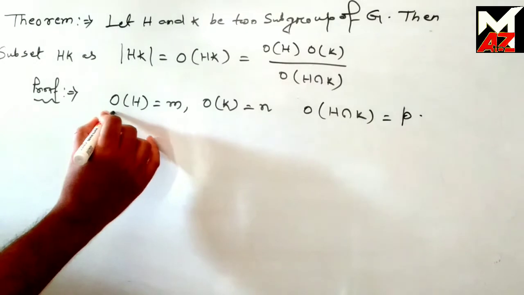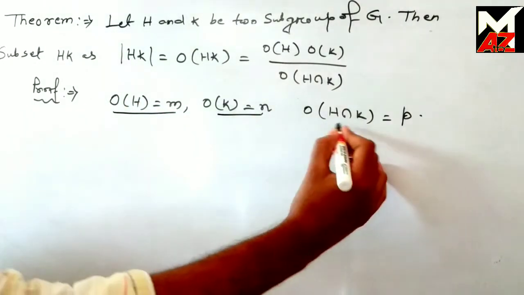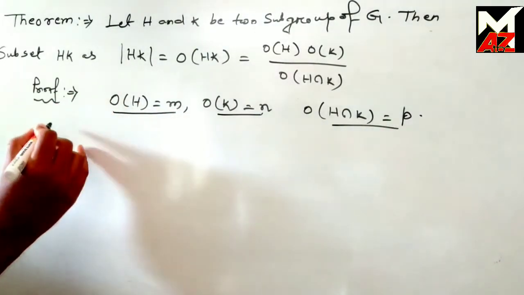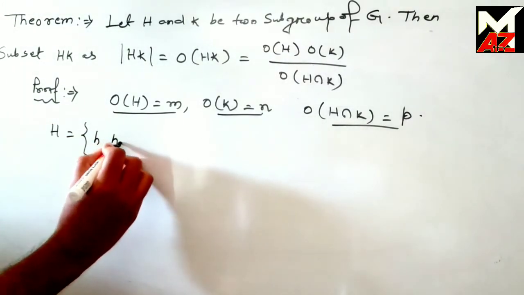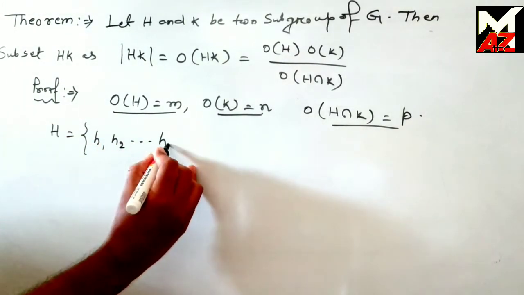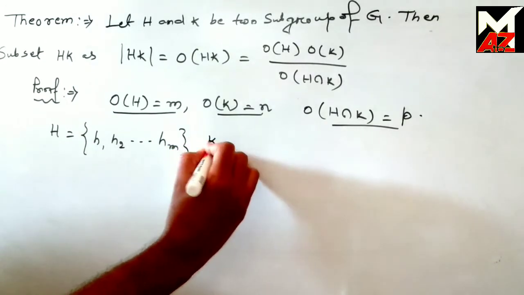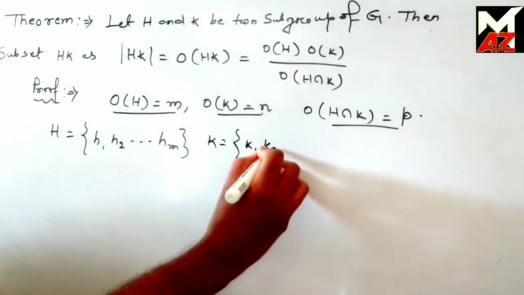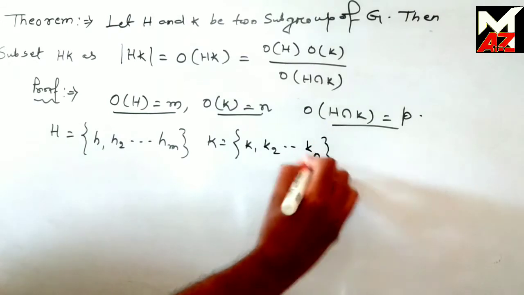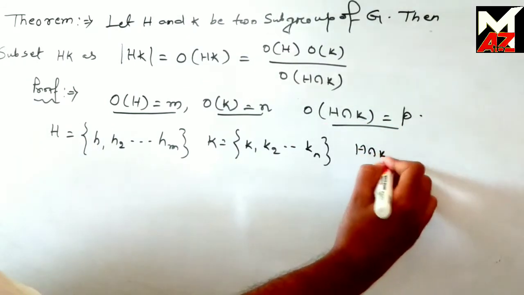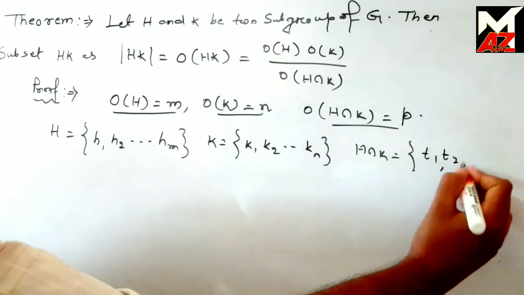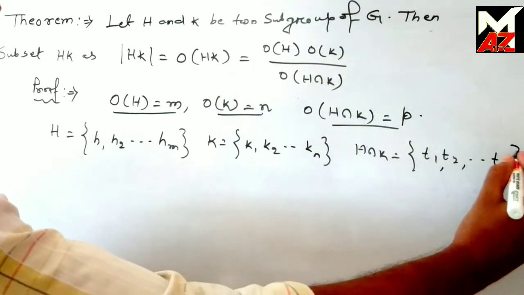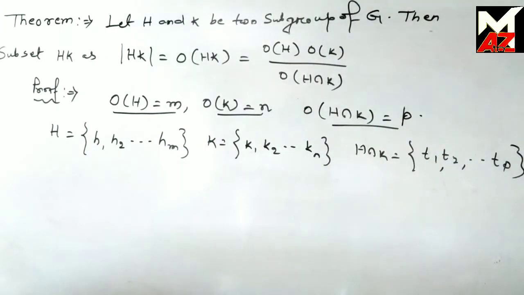Since we take this as m, this as n and this as p, we can write H equal to h1, h2 to hm, K equal to k1, k2 to kn, and H intersection K is taken as t1, t2, tp. Okay.